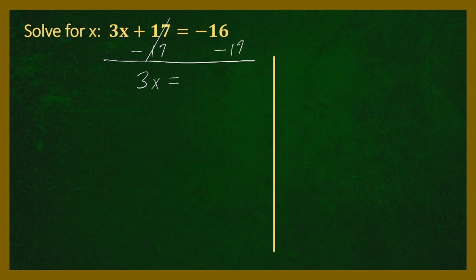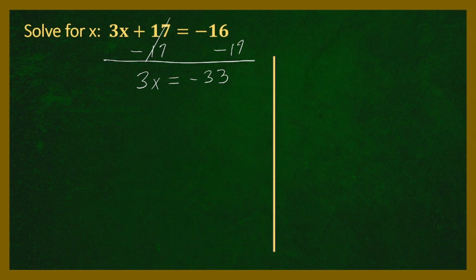On the right side, we have negative 16 minus 17. That gives us negative 33, because when you combine like terms, negative plus a negative equals negative. So now we have 3x is equal to negative 33.